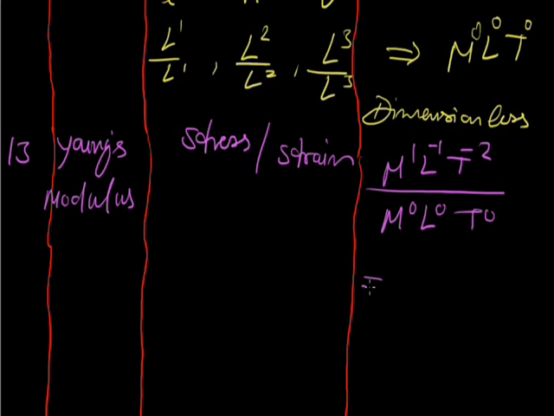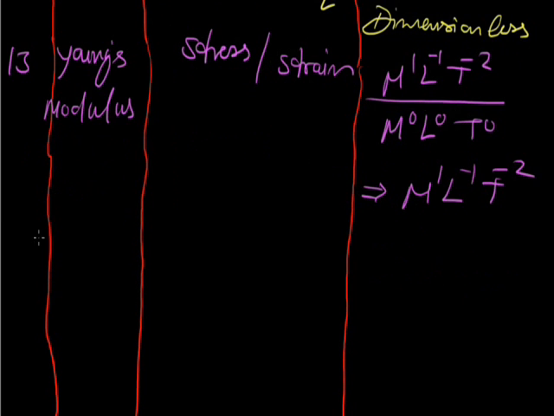So finally the dimensional formula will be equal to the pressure again, M1 L minus 1 T minus 2, and modulus of rigidity and volumetric modulus are also given the same formula.